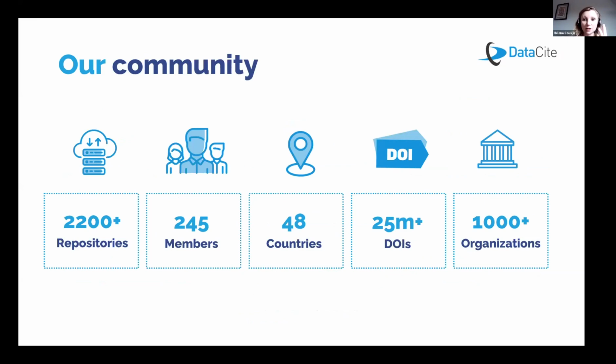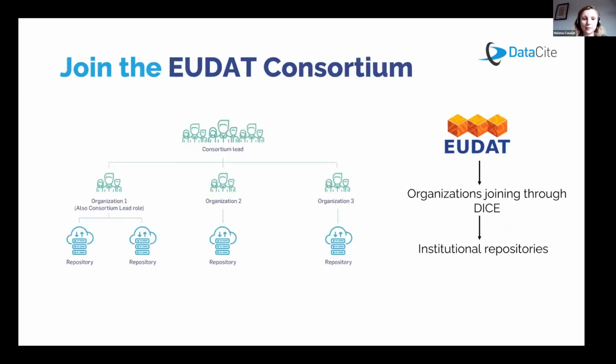Organizations can join as a direct member to just register DOIs for their own organization. But we also have consortia, where an organization provides DOI registration services to other organizations. And so some of these members function as consortia, and therefore the number of organizations is larger than the number of members. And that is also relevant in this DICE context because of how we set this up.